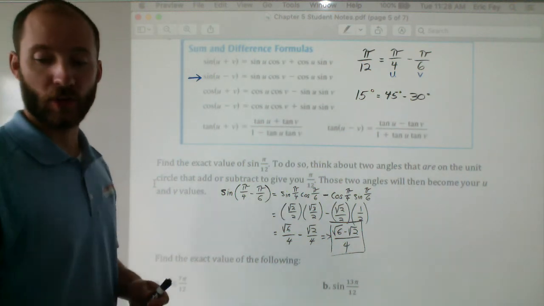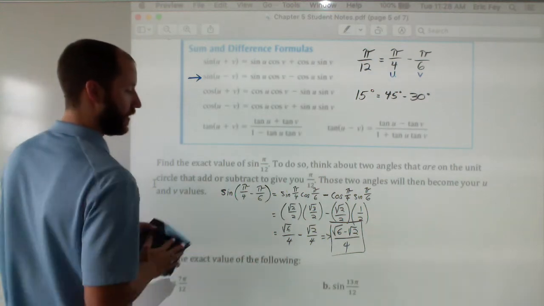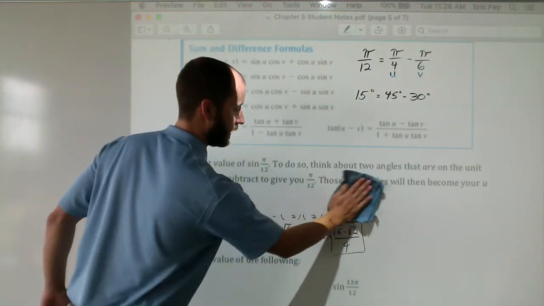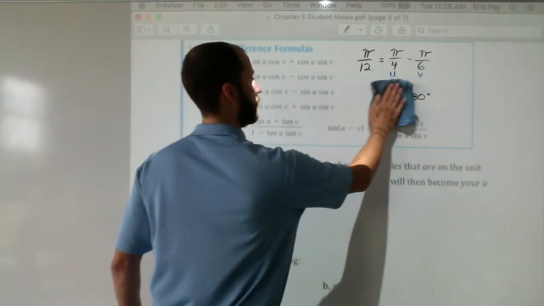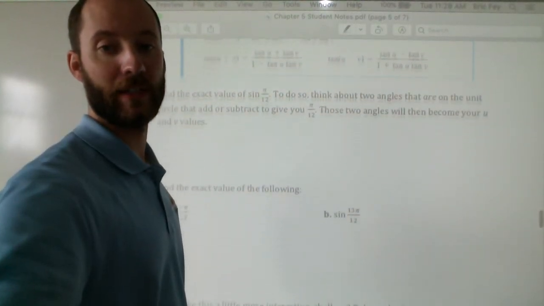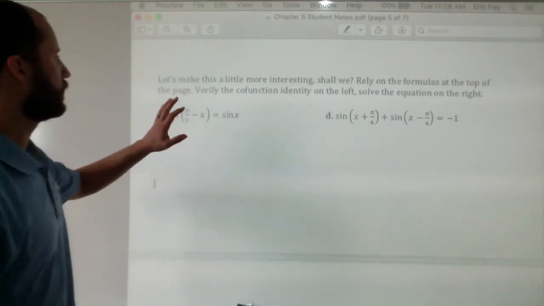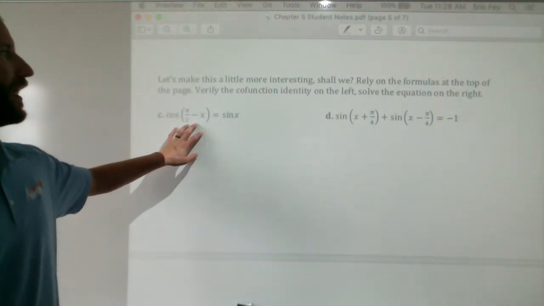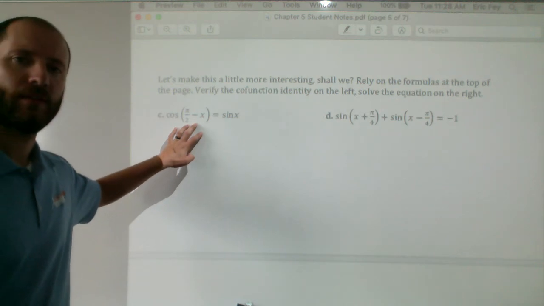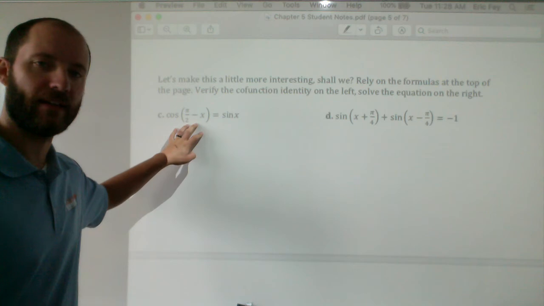All right. So as you look through the notes, there's a couple more examples, A and B. You can check my completed notes online for the answers to those. I think you'll be pleasantly surprised when you get there. At the bottom, go ahead and verify this equation without using a cofunction identity.